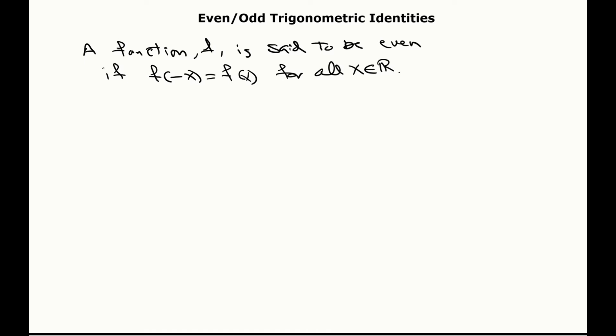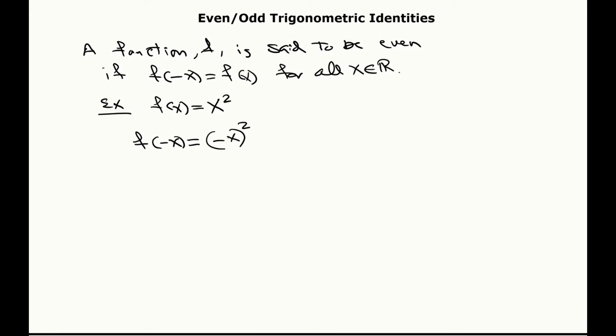So one of the most familiar even functions is, let us consider, f of x equals x squared. Notice that if we look at f of negative x, that means wherever we see x in the definition of this function, we're going to replace it with negative x, and we end up with negative x quantity squared.